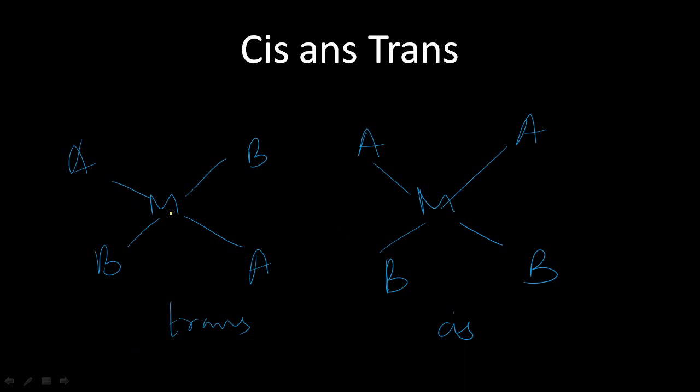As you can see, when we go from the metal ion towards A1, and when we move in the same line in the opposite, negative direction towards A2, we encounter the same atom. So this has a center of symmetry.